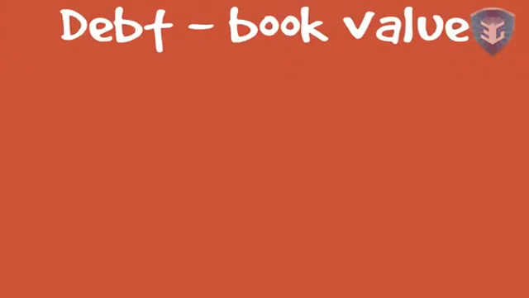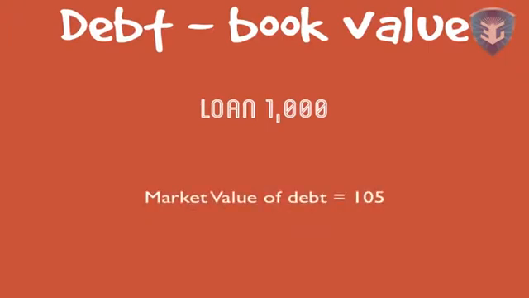Okay, now let's have a look at debt. So there's a balance sheet for debt, could be whatever sort of loan, and it tells you that it's 1,000. Well, that's the book value then. But he also tells you the market value of debt is 105. Well, when I'm looking at book values, I don't care about market value. So the book value is actually 1,000.